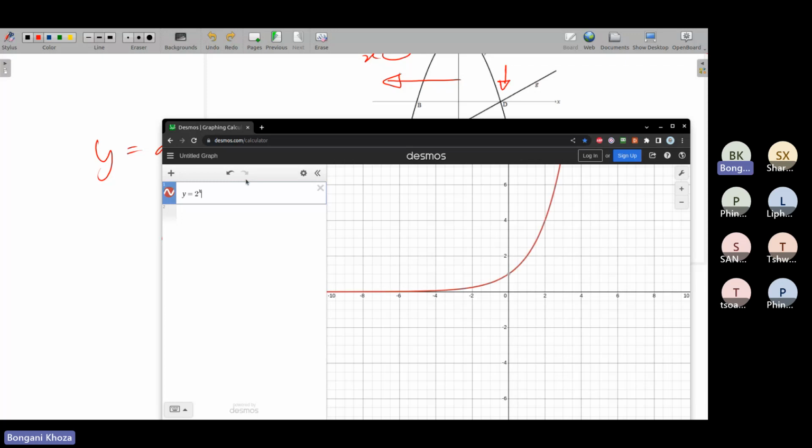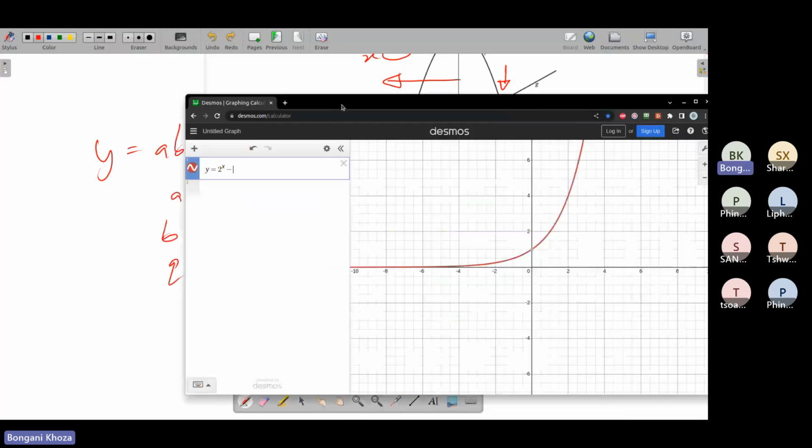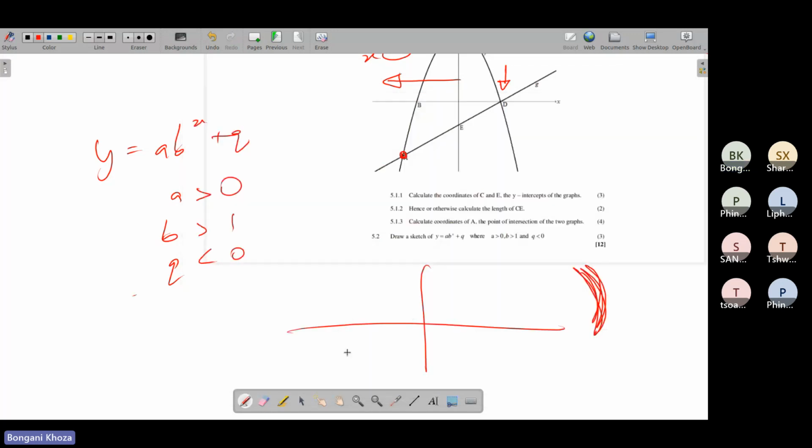And they said our q value has to be less than 0, so it has to be negative, so negative 3 maybe. So the graph that we're supposed to draw is just something like that. Here you'd have your asymptote with the q value, and that's about it. That's all you had to do for those 3 marks.